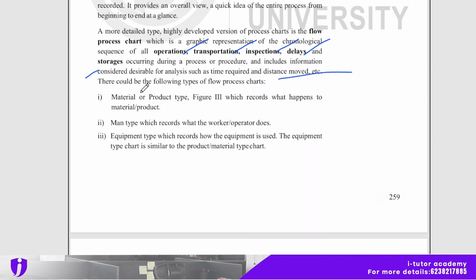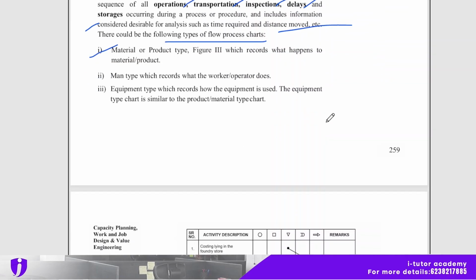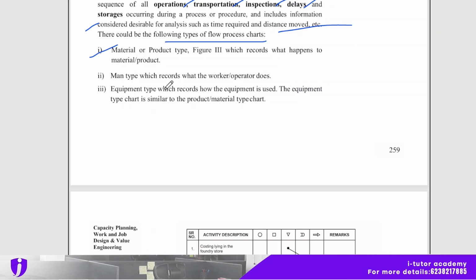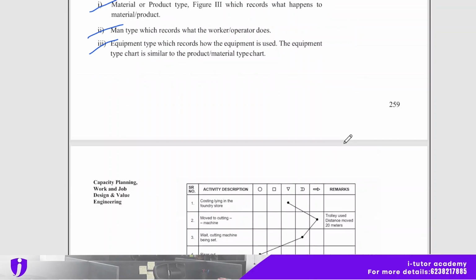There could be the following types of flow process chart. One is the material or product type; Figure 3 shows the flow process of material. Then the man type, which records what the worker or operator does, and the equipment type, which records how the equipment is used. The equipment type chart is similar to the product or material type chart.